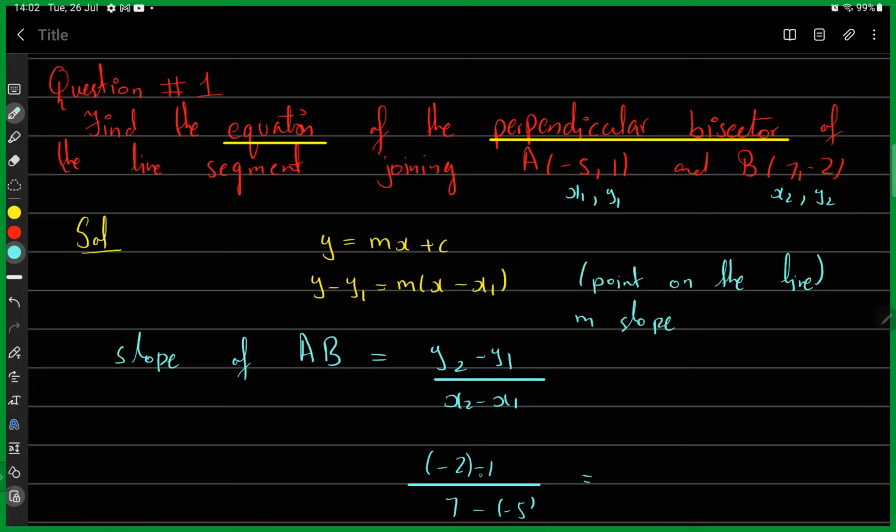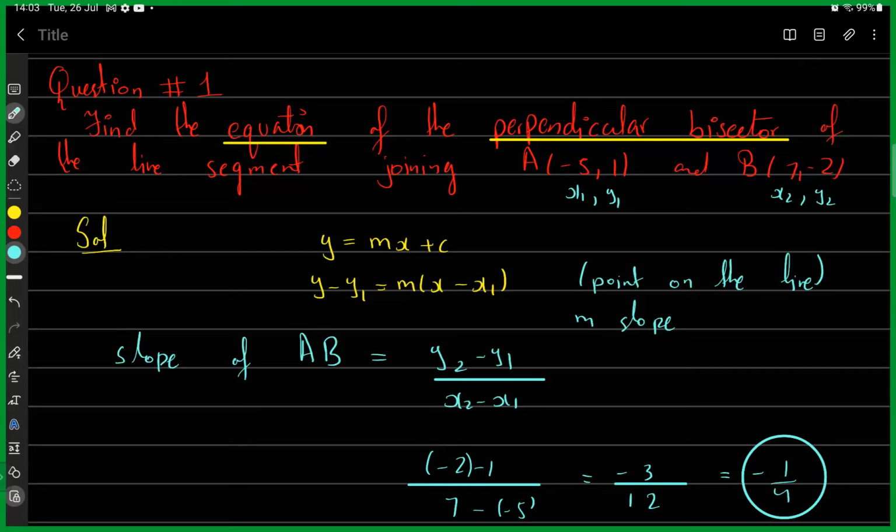And minus 2 into minus 1 is minus 3, divided by minus into minus becoming plus, so 7 plus 5 would be 12. After simplifying this, I would get minus 1 by 4. Now this minus 1 by 4 is the slope of the line segment AB.